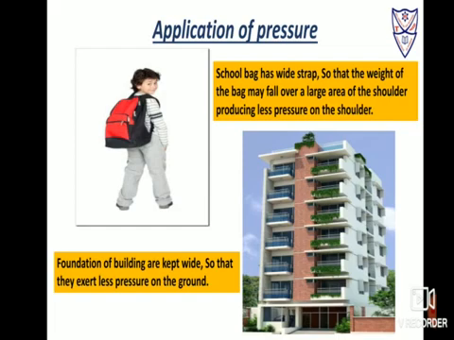So as it occupies a larger area of the shoulder, there will be less pressure on the child's shoulder. Next you can see the foundations of high-rise buildings are kept wide, so that they exert less pressure on the ground and do not sink into it. So the larger the area of contact, the less the pressure on the ground.